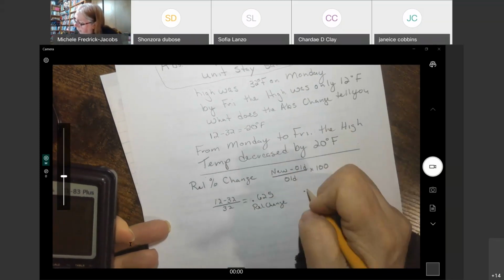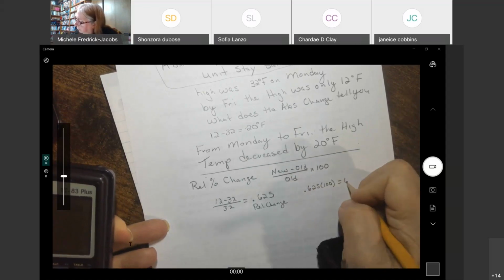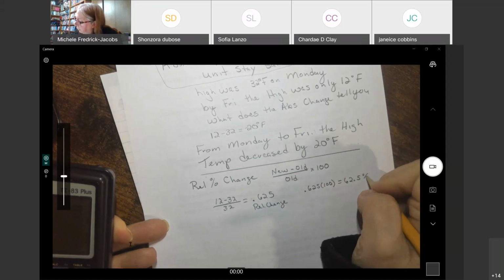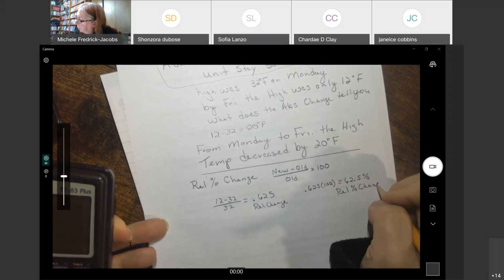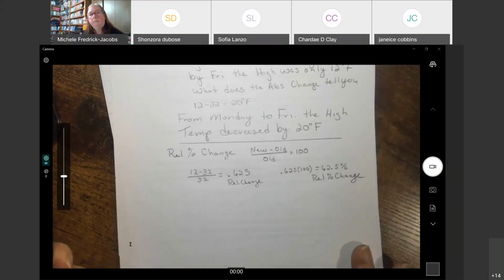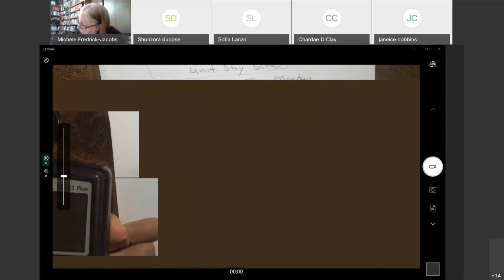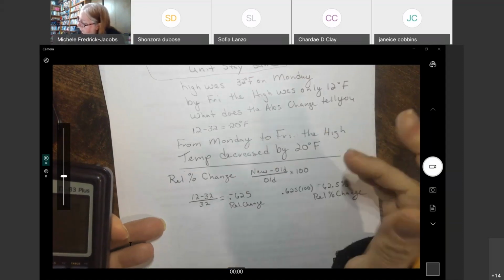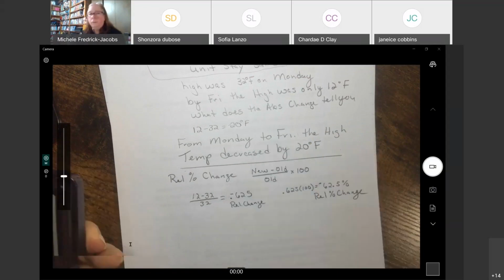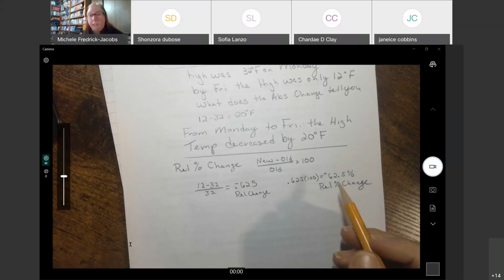When we multiply that by 100, this one is relative percent change. So from Monday to Friday, oh, this should be negative. There should be a negative percent because it decreased by 62.5%.